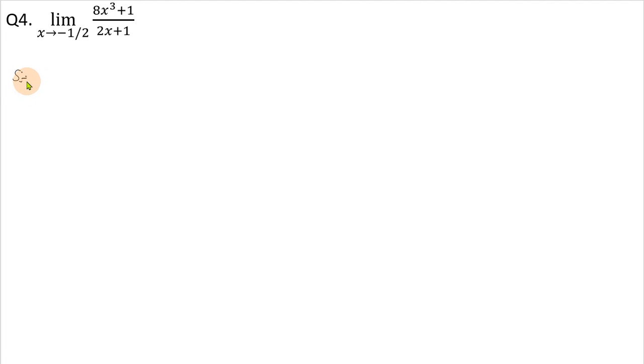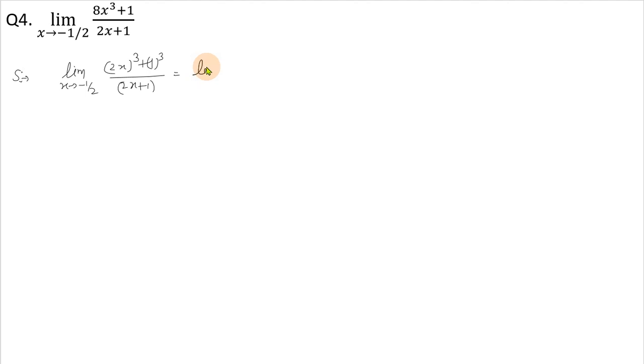Here we have limit x approaches minus 1 by 2, 8x cube plus 1 upon 2x plus 1. So we can write the numerator as 2x cube plus 1, or you can write 1 cube, upon 2x plus 1.